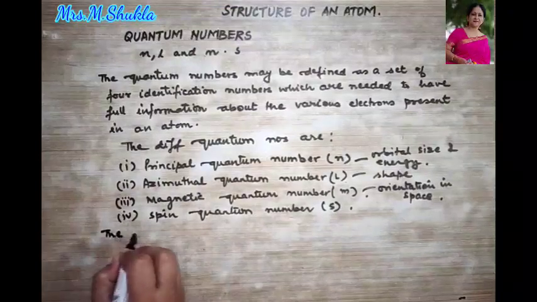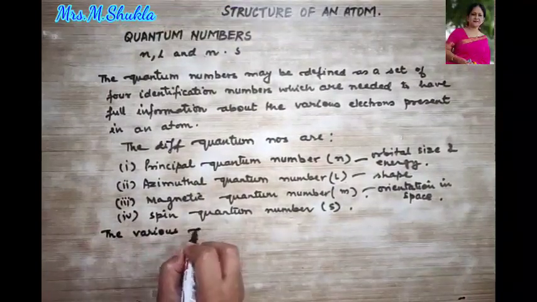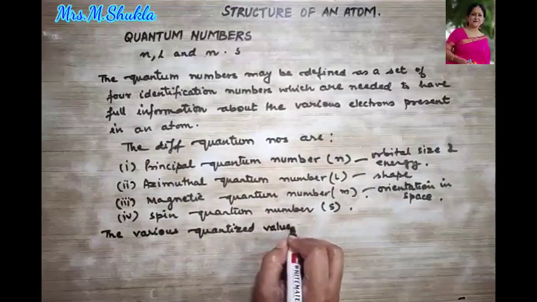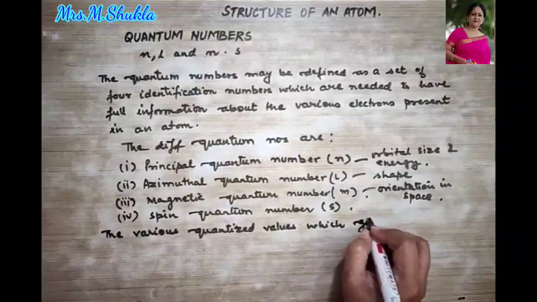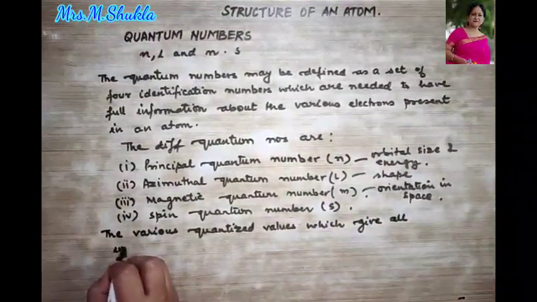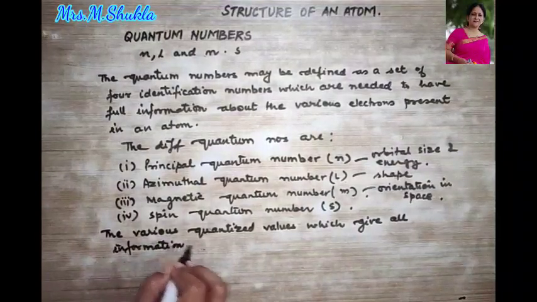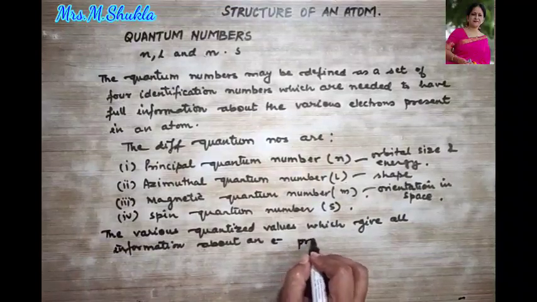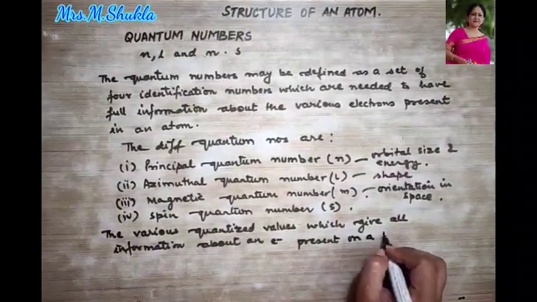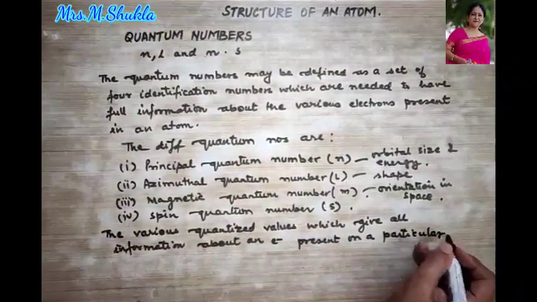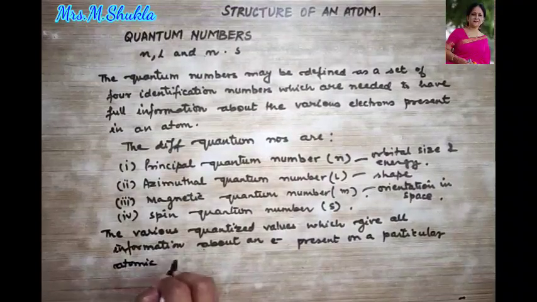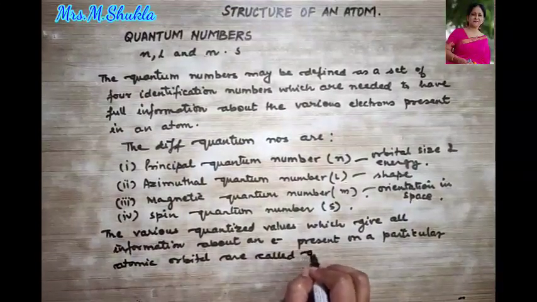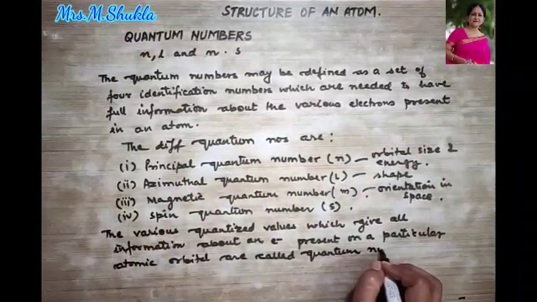Thus, I write down over here: the various quantized values which give all information about an electron that is present on a particular atomic orbital are called quantum numbers.